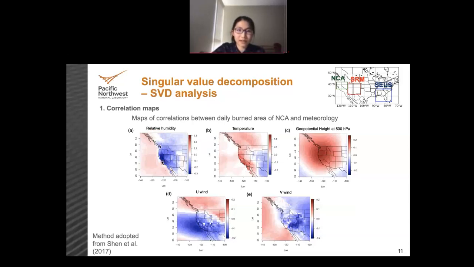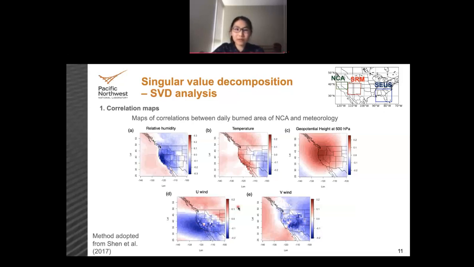So generally when RH over here is lower, the fires over Northern California will increase. They are positively correlated with temperature, basically over California, and positively correlated with the geopotential height, as you can see over here, and negatively correlated with U wind and V wind over the Western US.